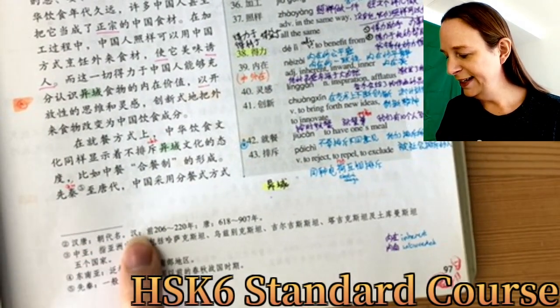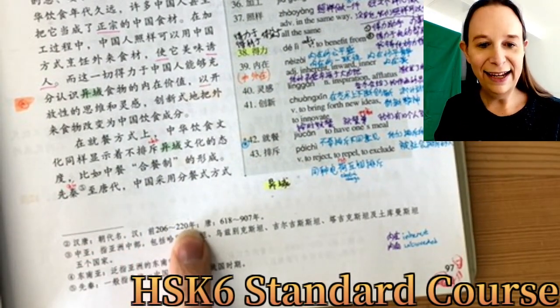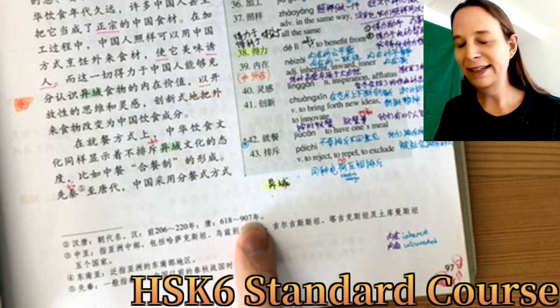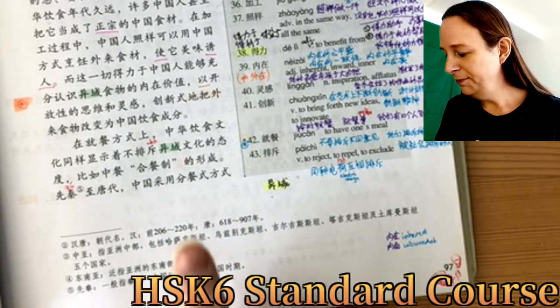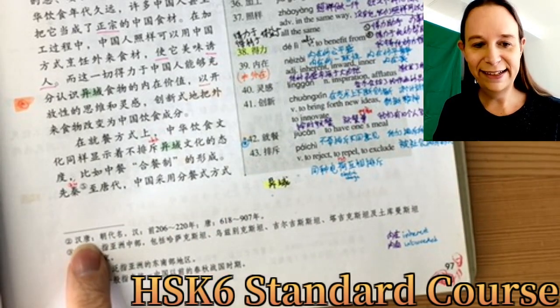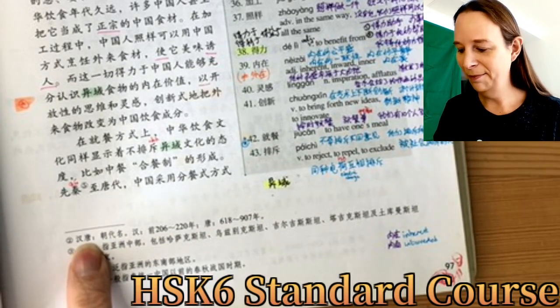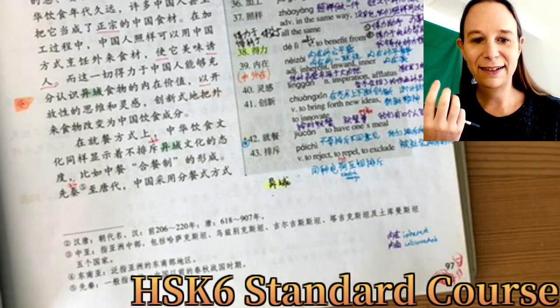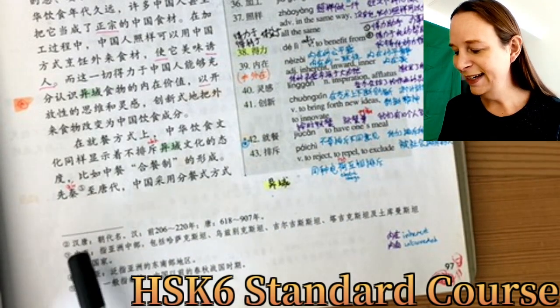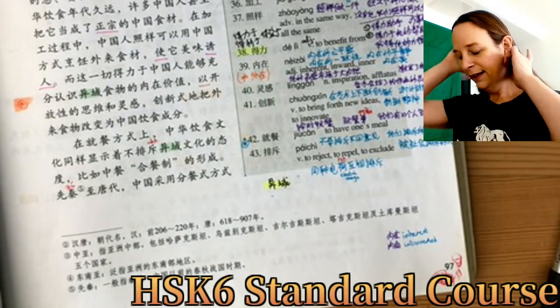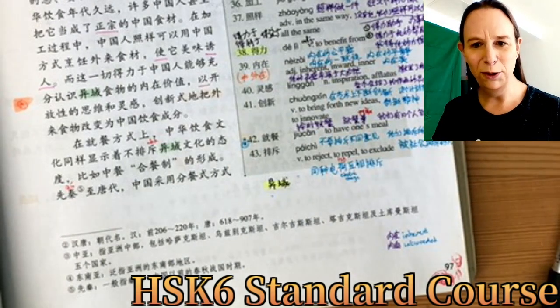Han is the Han dynasty, and Tang was the Tang dynasty. Why would you mention those dynasties in particular? These dynasties are noted for being dynasties where China flourishes, particularly in terms of culture.